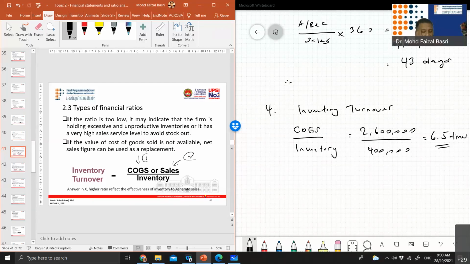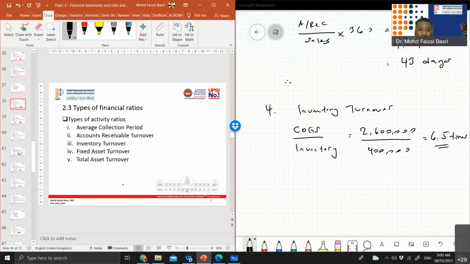Okay, again nanti you akan notice dalam this category, they have a lot of turnovers. Tengok inventory turnover, fixed asset turnover, total asset turnover. Inventory turnover, this is the only ratio that we use cost of goods sold. Untuk yang lain ni, we use sales. This turnover also we use sales. Even account receivable ni pun we use sales. Only inventory we use cost of goods sold.